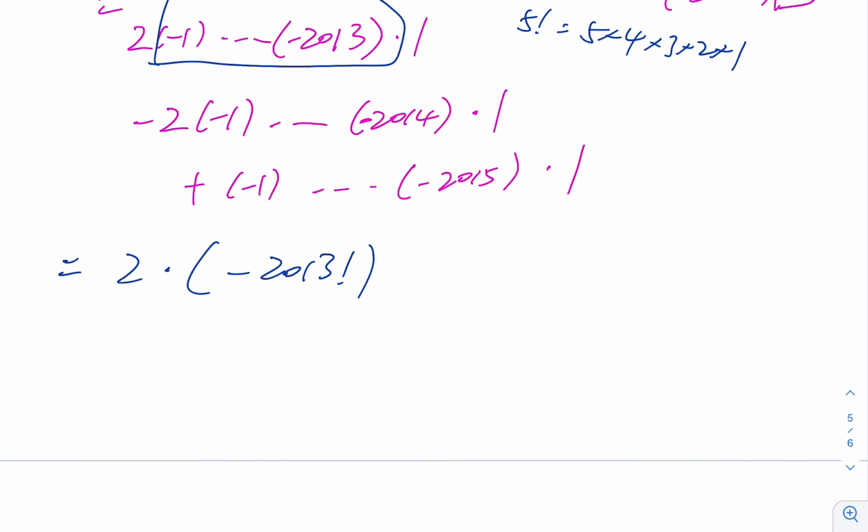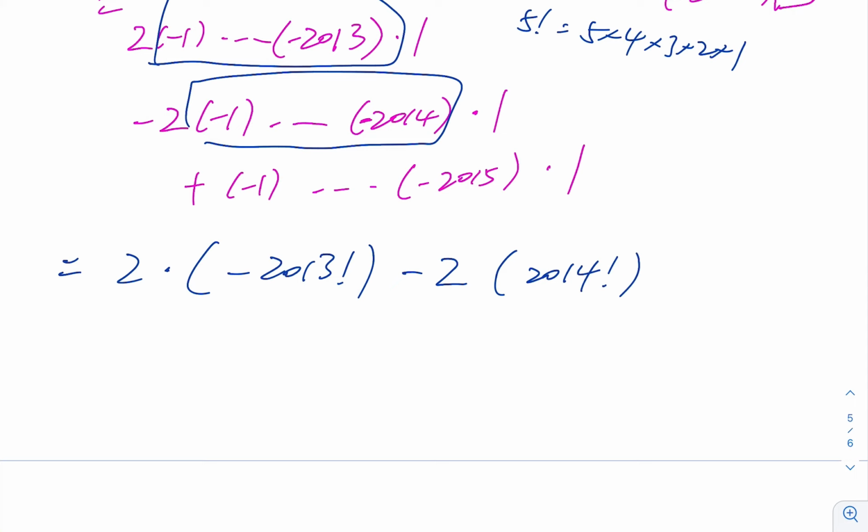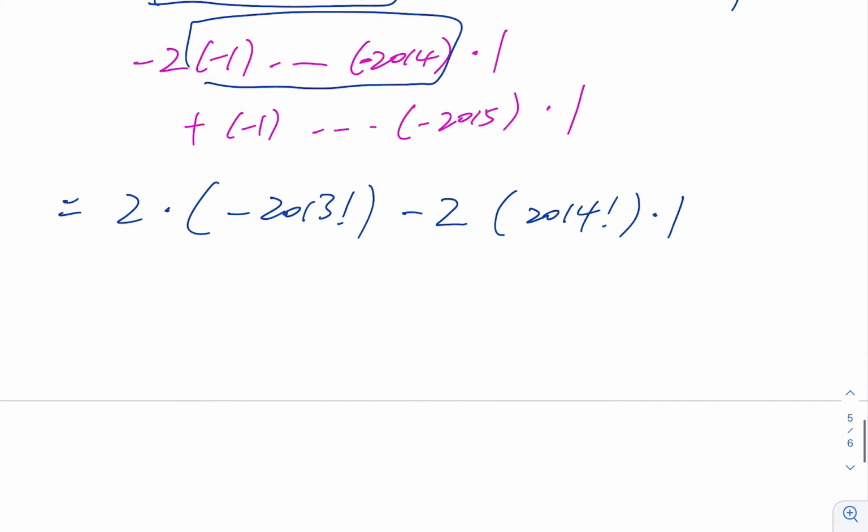Then this even number, minus 2 factorial. Then minus, see this? It's a 2015 factorial.